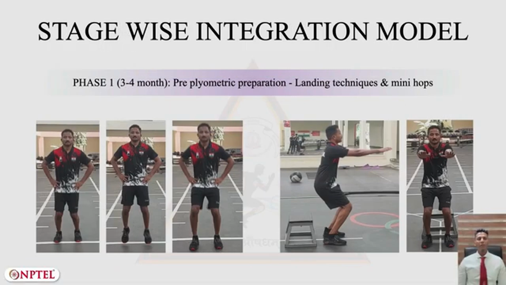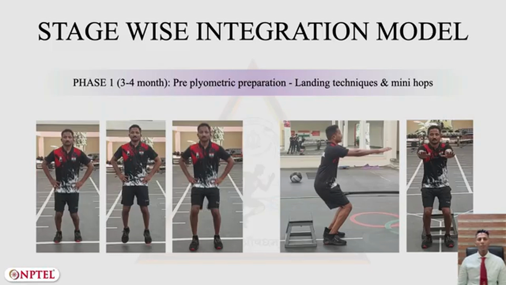In phase 1, which begins around 3 to 4 months, the focus is on pre-plyometric preparation. This includes teaching safe landing mechanics, alignment cues, and mini hops with emphasis on soft landings.